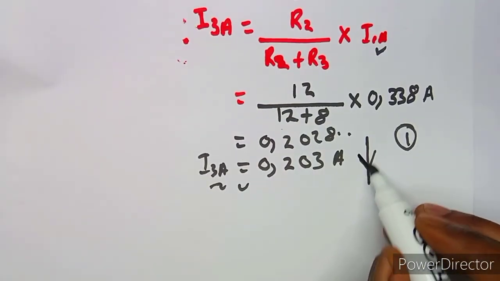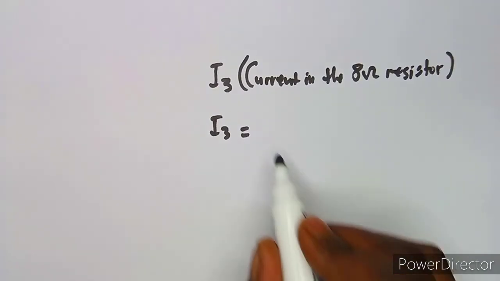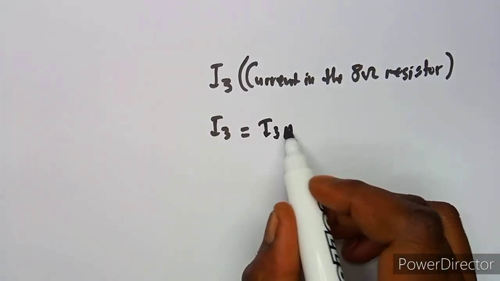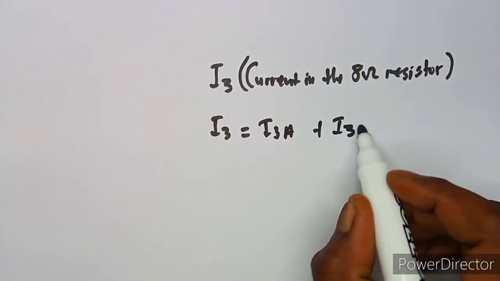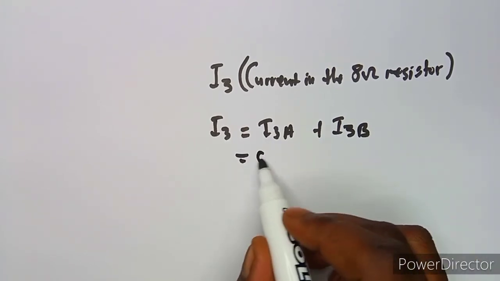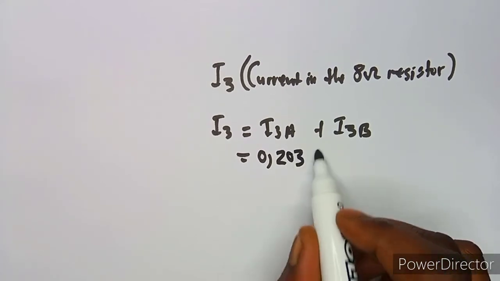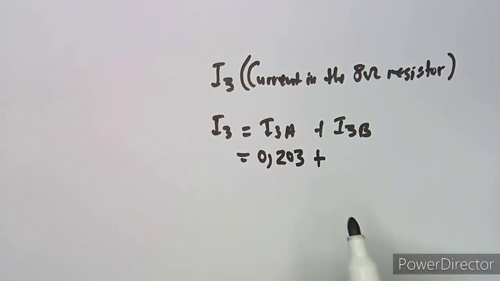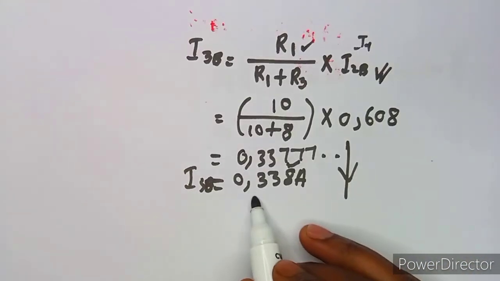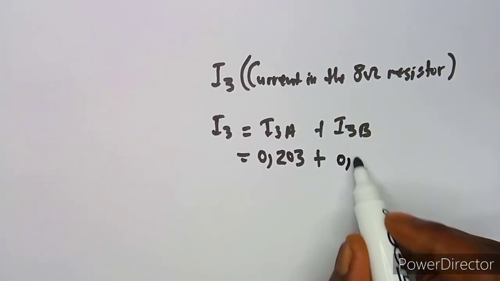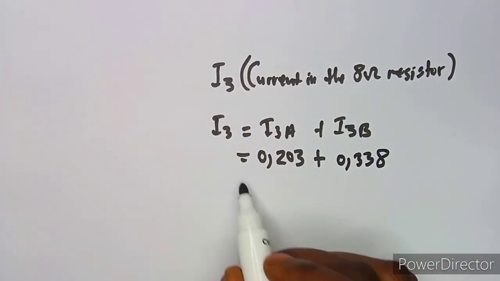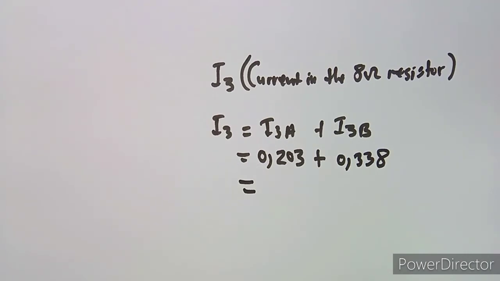So you're going to just add them, which is I3A plus I3B, which is 0.203 plus the B, which is this one, 0.338. All right, so this is going to be the total current.